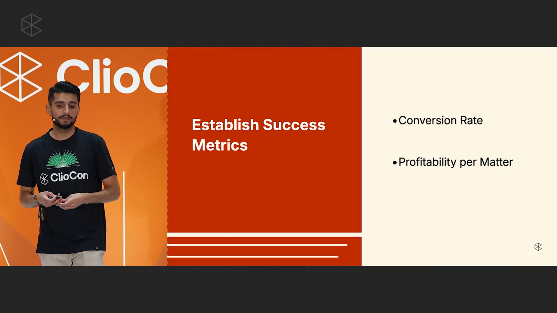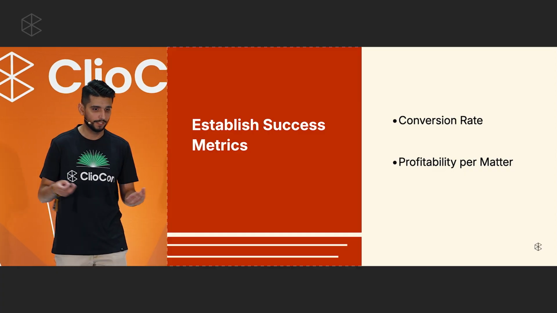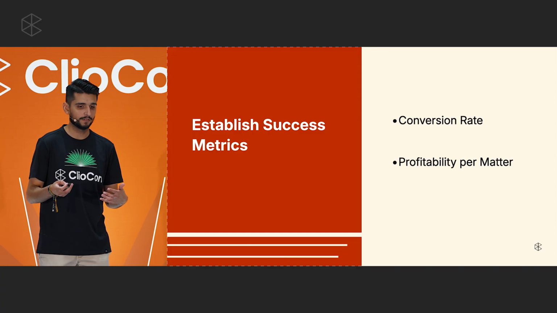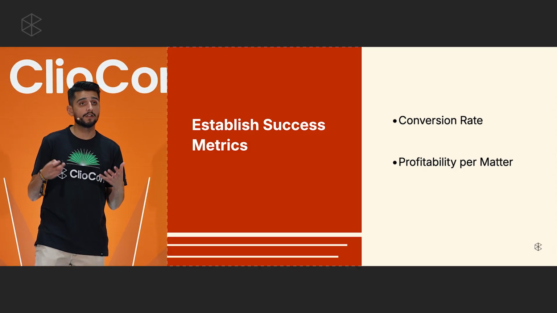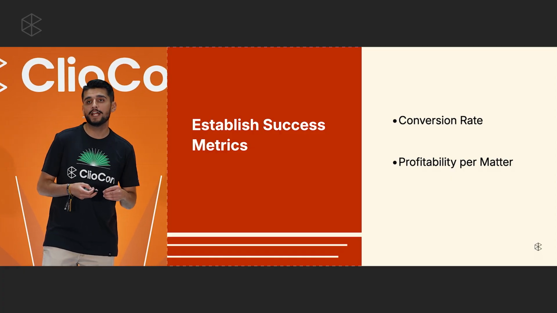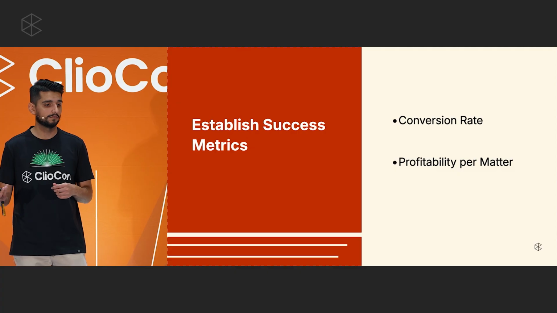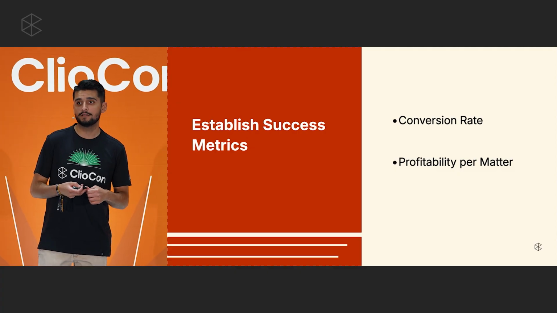The last piece is establishing your success metrics. And I know what you're saying. I thought we already talked about our goals. What's the difference? Your goals are the what you want to achieve. Your metrics are the how, the specific data points that you'll use to measure if you're actually achieving those goals. So an example of a success metric could be your conversion rate.